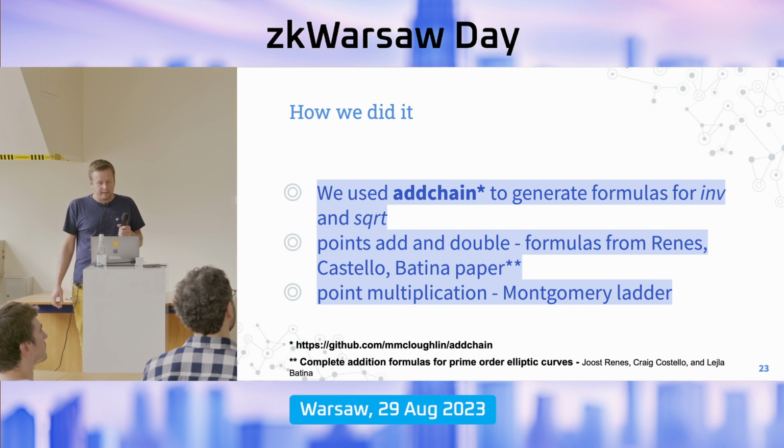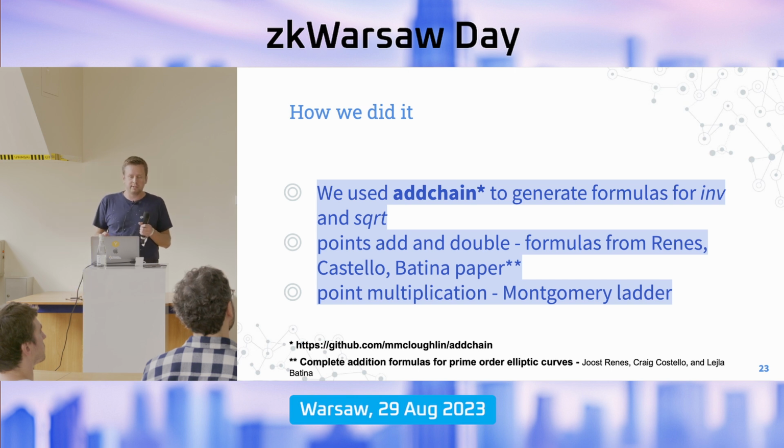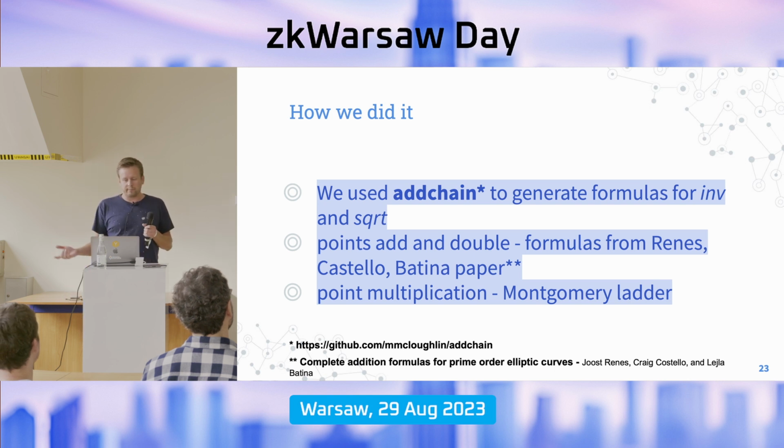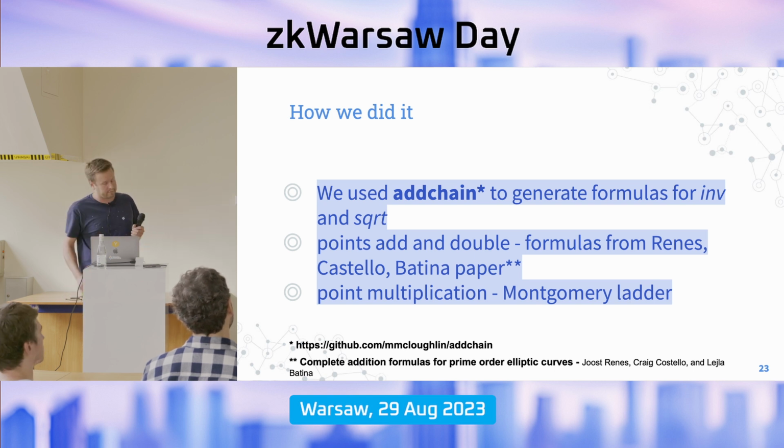For example, for inversion and square root, we generate code using the addchain tool. For point operations, we use formulas from the Renes, Costello and Batina paper linked below, basically. And for point multiplication, we use the standard Montgomery ladder algorithm, which uses add and double formulas from the point operations above.